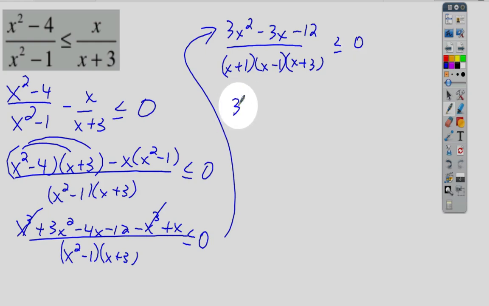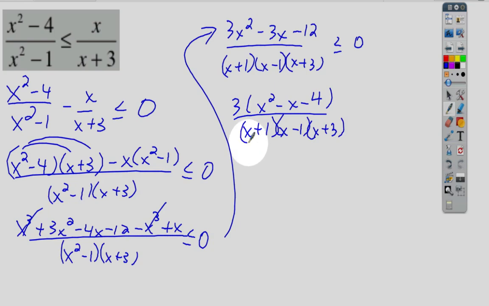Factor out the 3: x squared minus x minus 4, over x plus 1, x minus 1, x plus 3, and factor the top, x minus, oh, that's not going to factor nicely, is it? Okay, so we're going to need a bit more work on that.